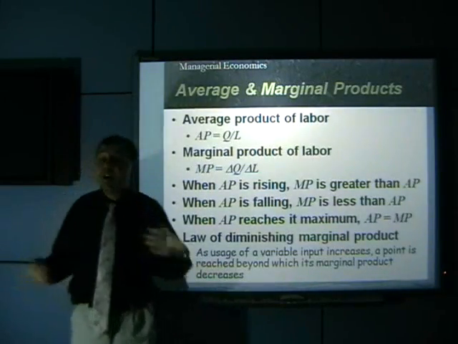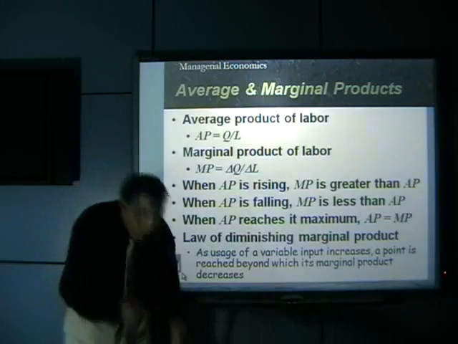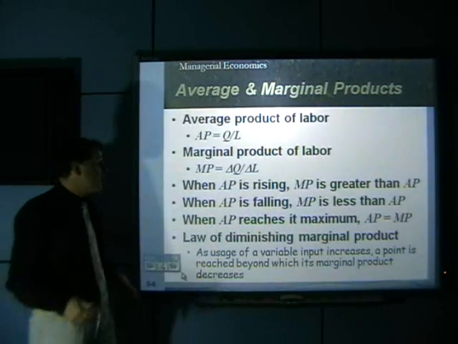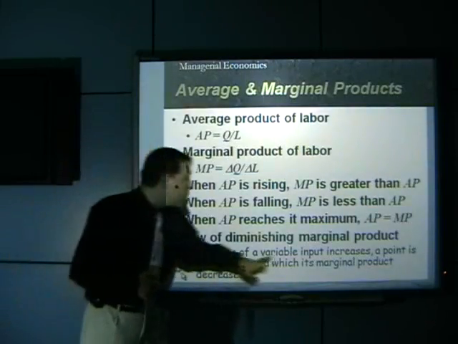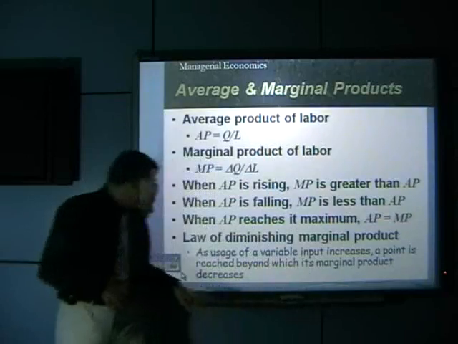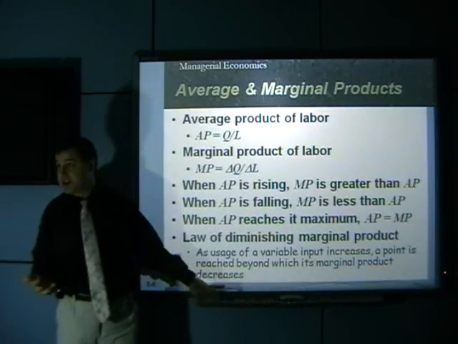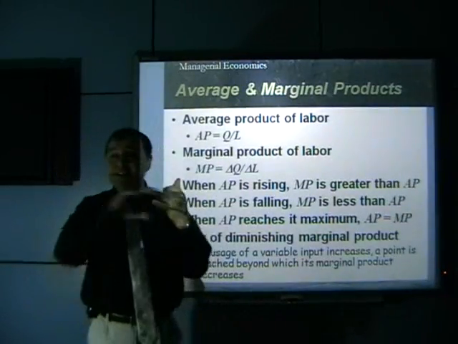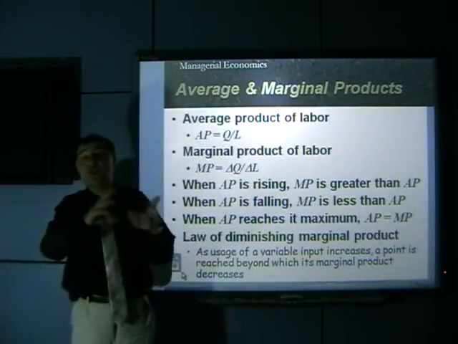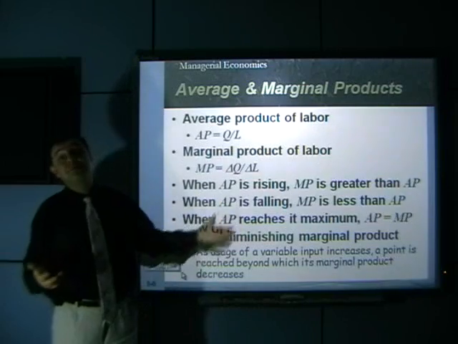In other words, you have 10 people, they can't all work at the same time, they're bothering each other. So, when the variable input increases, a point is reached beyond which its marginal product decreases. You add a second kid, you can improve, you add a third kid, you can improve, and then 4th, 5th, 6th, they can't improve a lot.